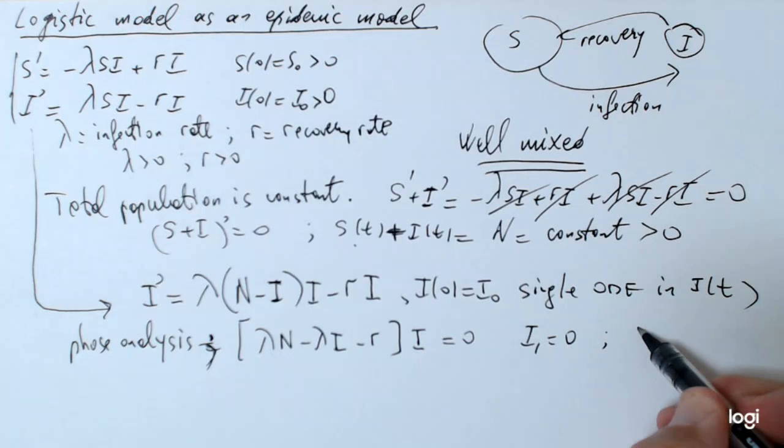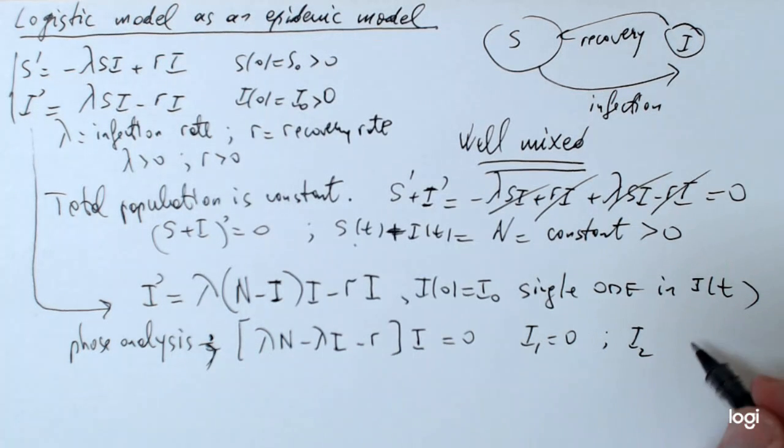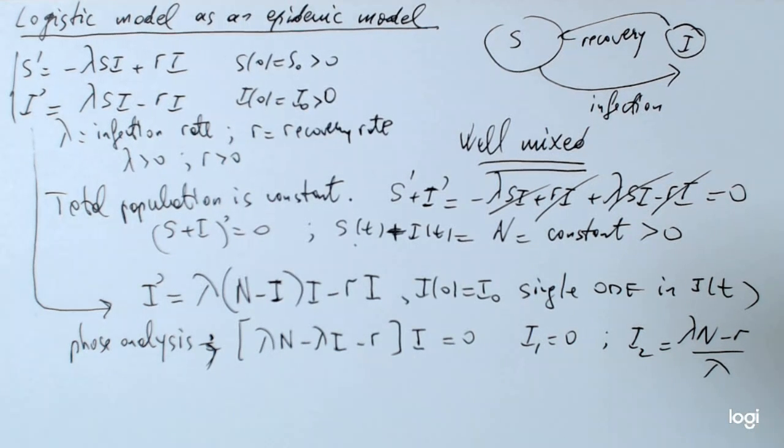One of them is 0. The other one, if you actually solve for this, will be (lambda N minus R) over lambda. So you could do the phase analysis, or you can compare it with the logistic equation.